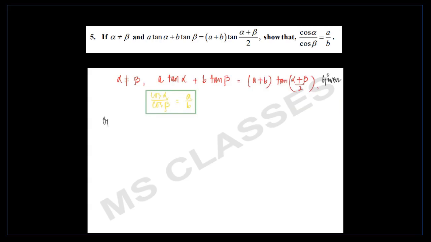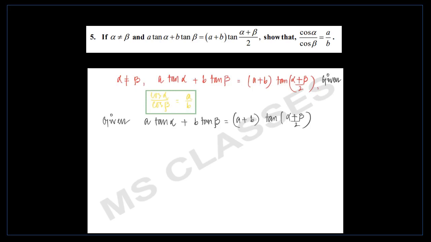Given A tan alpha plus B tan beta equal to (A plus B) tan of (alpha plus beta) by 2.